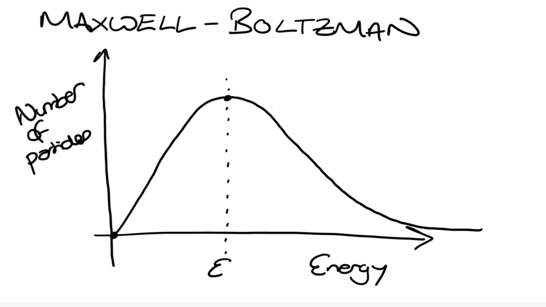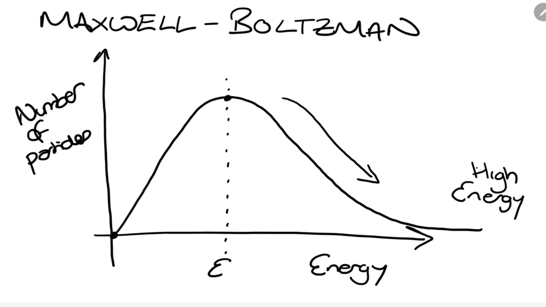The curve then extends towards the right, whereby the energy of those particles decreases in probability. So the number of particles you are likely to find with very, very high energies will get very, very low. So this is high energies towards the right-hand side, and we've obviously got low energy towards the left-hand side of this diagram.